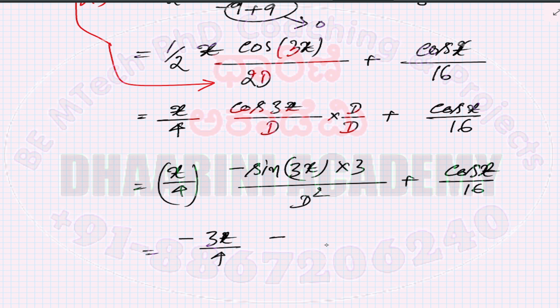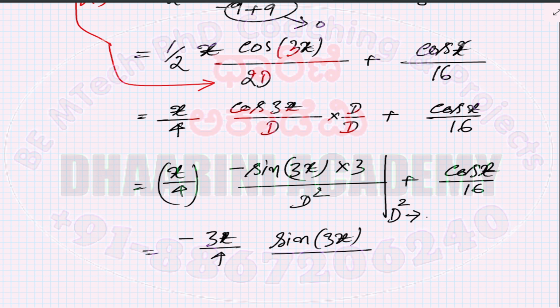So this is just sine 3x by, so what is the term you are going to do here? D square should be replaced by minus 9, correct? So this is minus 9. Replace the d square by minus of a square. So that's the term, plus cos x by 16.